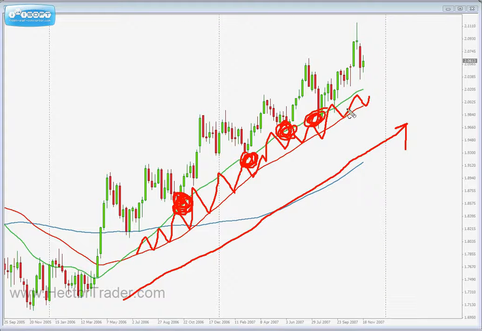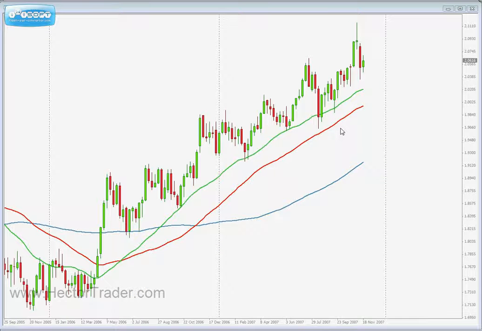And we actually do. Just have a look at the chart. Every time price, the cable in this case, retraces back to the dynamic area of support. By the way, this is the dynamic area of support since we're in an uptrend. It would be called resistance if we were in a downtrend.